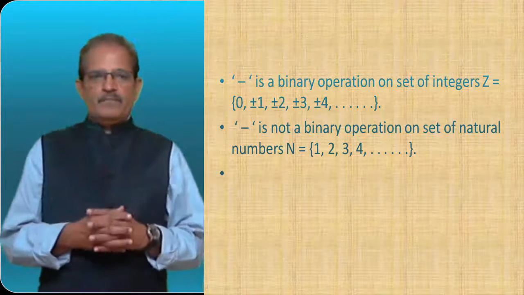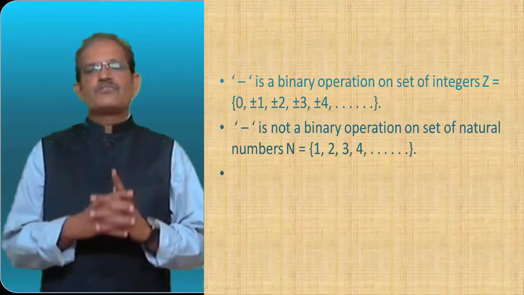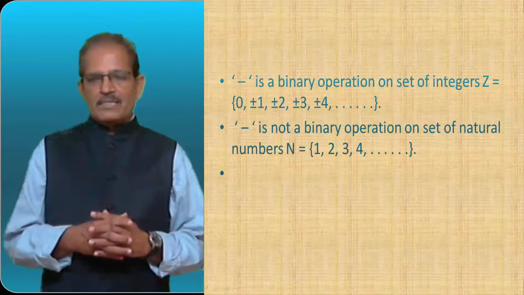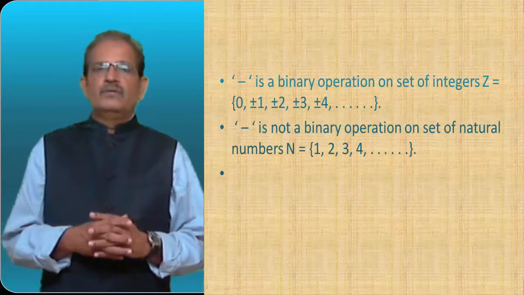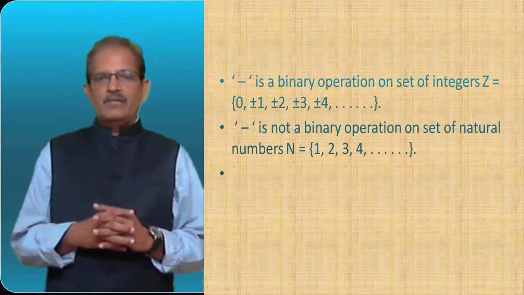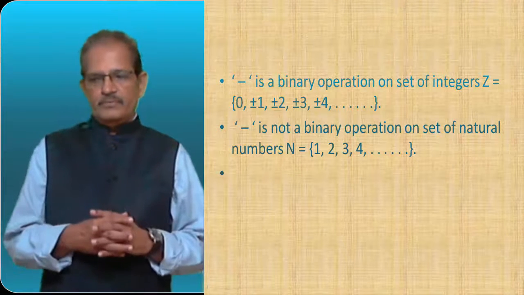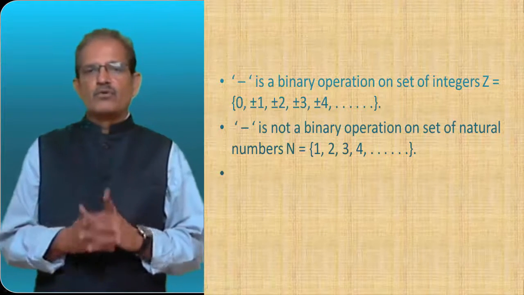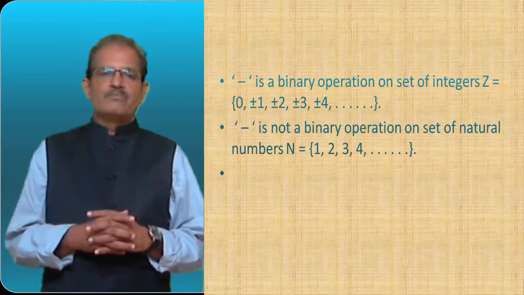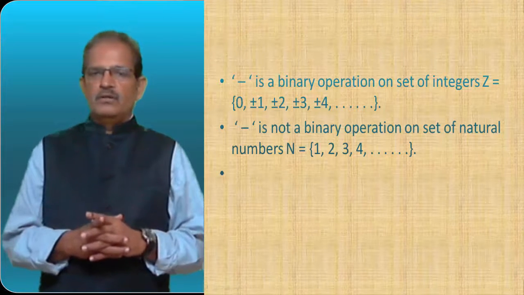Now you see, minus is not a binary operation on set of natural numbers. So you take set of natural numbers, capital N is equal to 1, 2, 3, 4, and so on. What is the difference between whole numbers and natural numbers? Whole numbers include 0, but natural numbers do not include 0. So natural numbers begin from 1, 2, 3, 4 up to infinity.